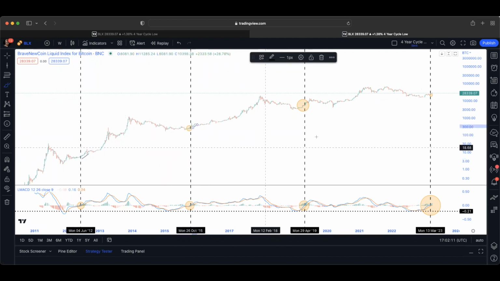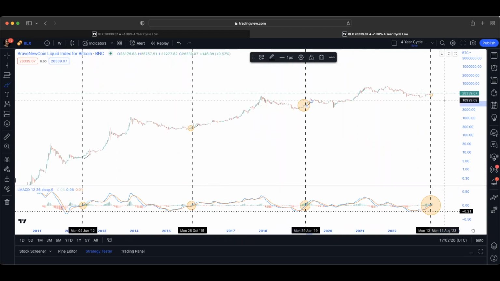There was an upside move here. There was an upside move. So, the history has told us that 3 times this has happened, only 3 times in Bitcoin's history previously, this has led to some more upside. So in my view, I think we have a little bit more upside to come.